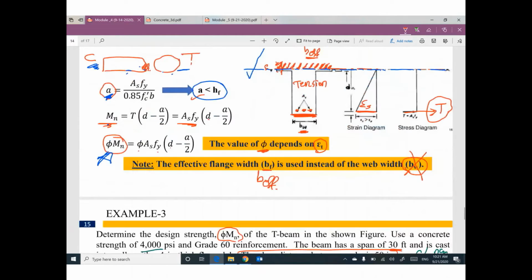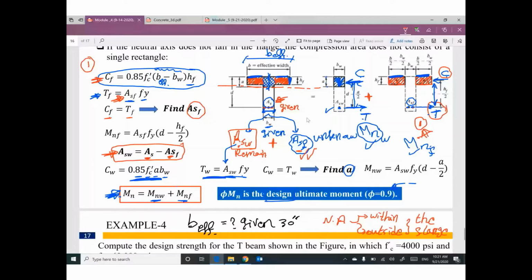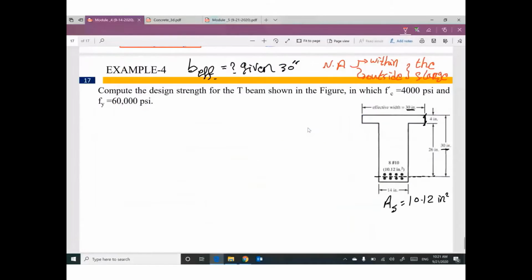Probably the neutral axis is within the flange, probably the neutral axis is outside the flange. So what do you think? I don't know. I will assume the neutral axis is within, it's easier. So I'm going to assume it first. That means I assume the neutral axis is here. Probably I am wrong. Let's see.